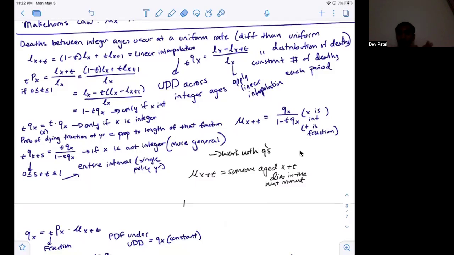So 0.3 weight will go to 21 and then 0.7 will go to 20 because it's closer to 20. So that's what we can do when we have uniform distribution of deaths between integer ages.